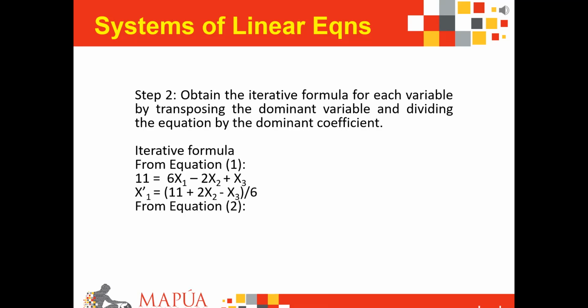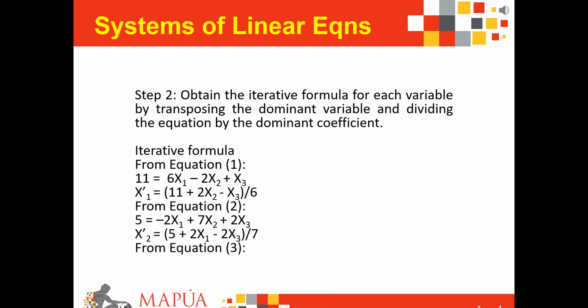And from equation 2, whereby x2 is dominant, we evaluate the iterative formula for x2, transposing 7x2 to the other side and dividing the equation by its coefficient, ending up with the iterative formula for x2 as 5 plus 2x1 minus 2x3, all over 7.